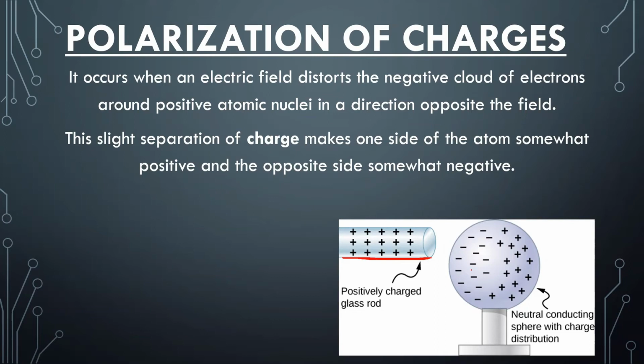There are some positively charged particles on the left side, some on the right side, some in the middle, and on the top, and the negatively charged particles are also distributed in the sphere. There are negative on the right and negative on the left. So it surrounds the neutral conducting sphere.